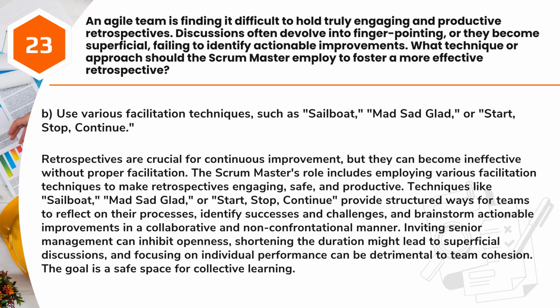Techniques like sailboat, mad, sad, glad, or start, stop, continue provide structured ways for teams to reflect on their processes, identify successes and challenges, and brainstorm actionable improvements in a collaborative and non-confrontational manner. Inviting senior management can inhibit openness, shortening the duration might lead to superficial discussions, and focusing on individual performance can be detrimental to team cohesion. The goal is a safe space for collective learning.